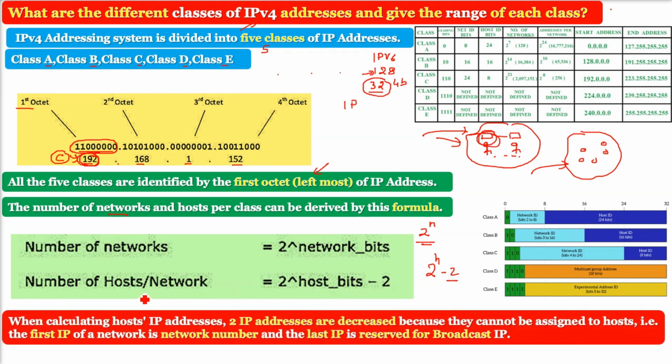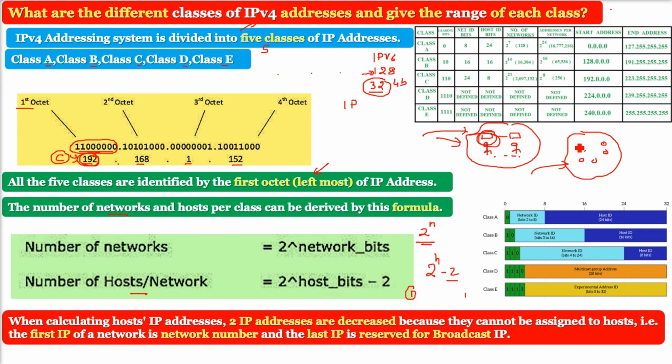So for example, class C, 110 is fixed as the first three bits on the leftmost. Please remember, when we calculate the host IP addresses, two IP addresses are subtracted because they cannot be assigned to hosts. The first IP of the network is the network number, that is in which network you belong. And the last IP is the broadcast IP.